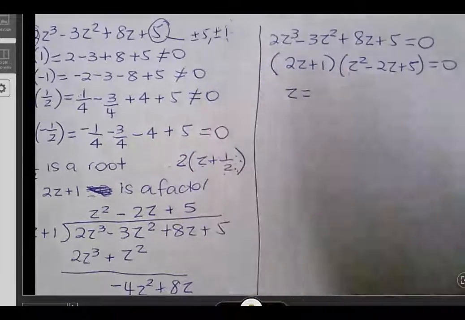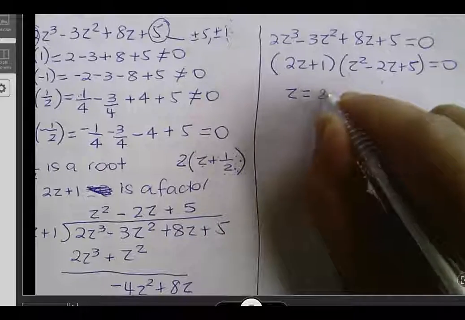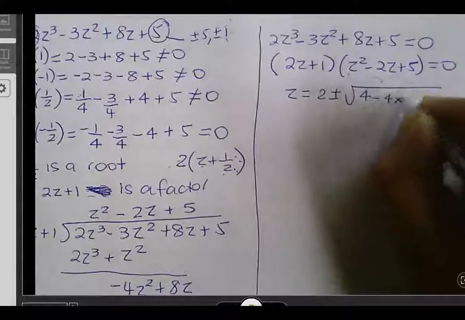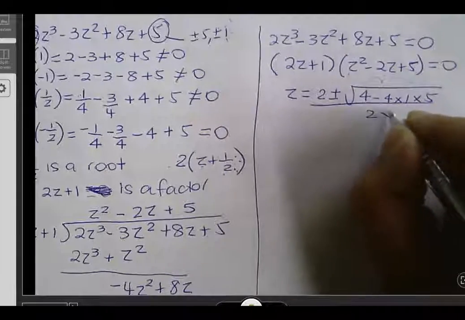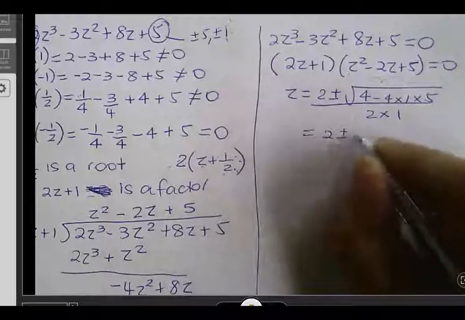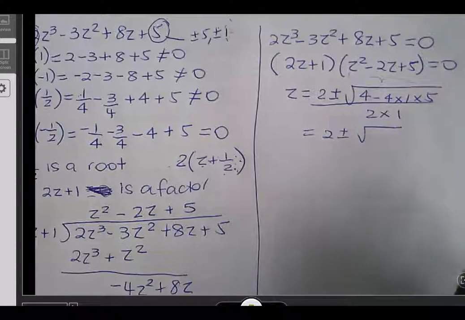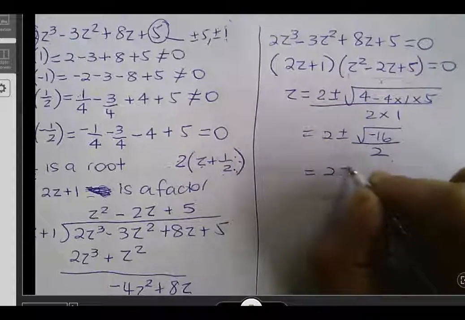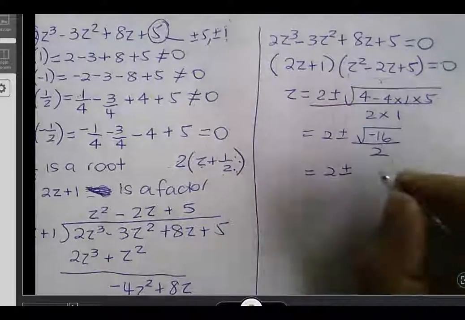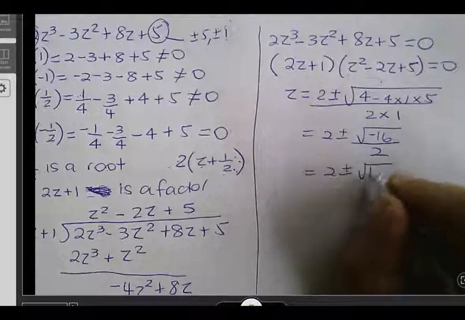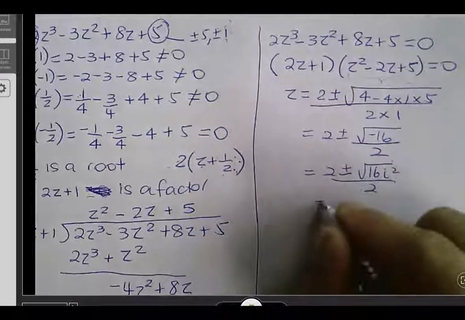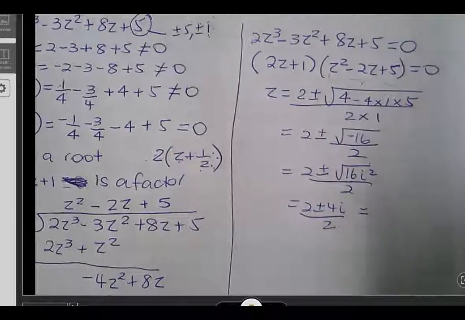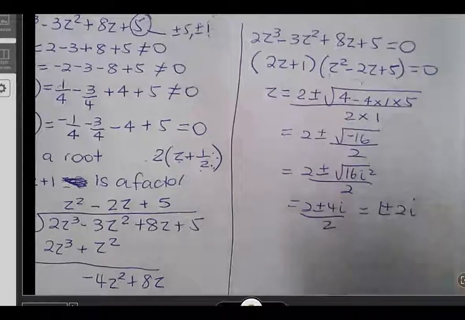So z equals, for this one, negative b, which is 2, plus or minus the square root of b squared, which is 4, minus 4 times 1 times 5, over 2 times 1. So it's 2 plus or minus the square root of 4 minus 20, which is negative 16, over 2, which is 2 plus or minus the square root of 16i squared, over 2, which is 2 plus or minus 4i over 2, which is 1 plus or minus 2i.